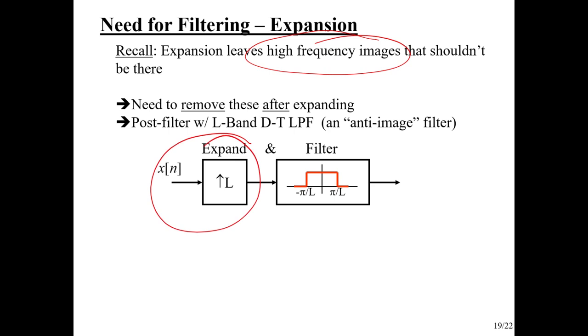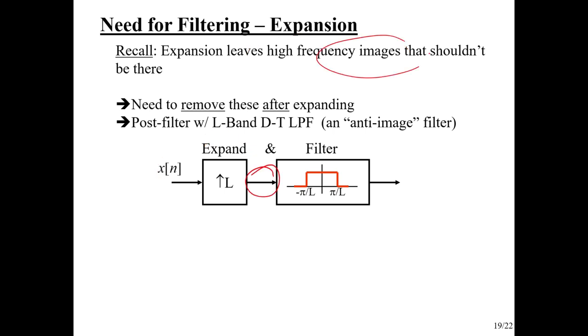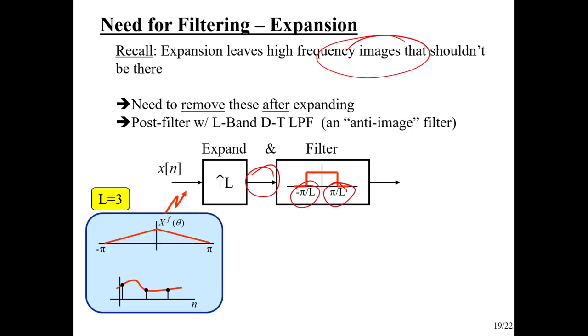Remember, that's stuffing in zeros. So at this point, we don't really have a truly upsampled signal. We've got all the original samples with some zeros stuffed in between. That creates, at this point, the images, and then the true thing that we want lies in that range, so we filter it out. So here's an example.